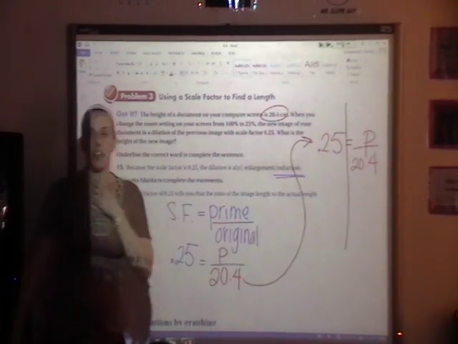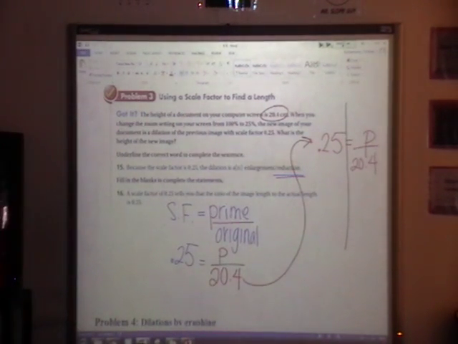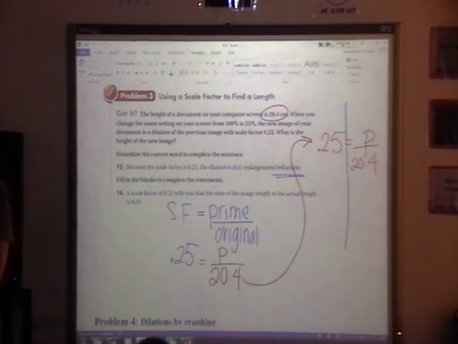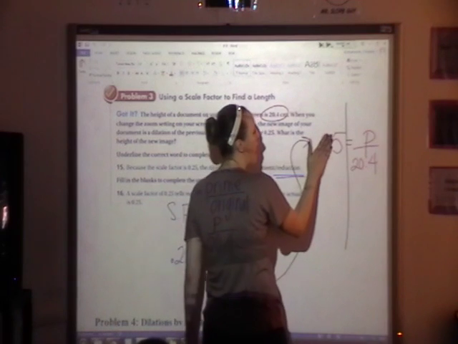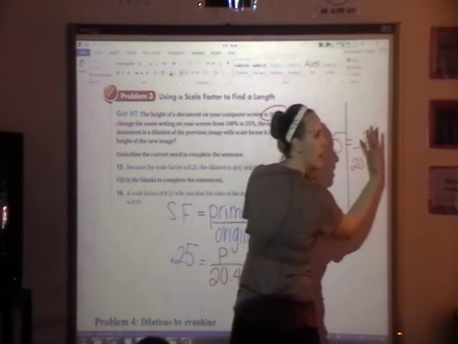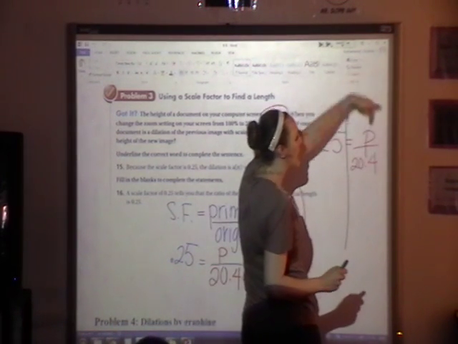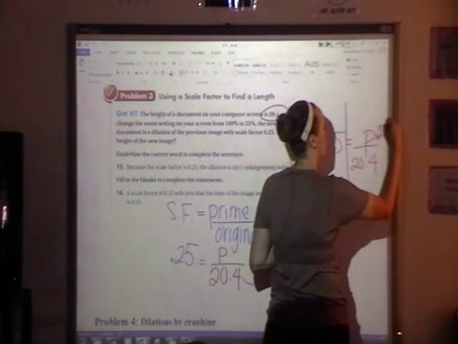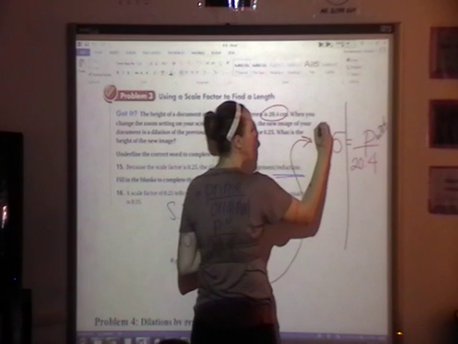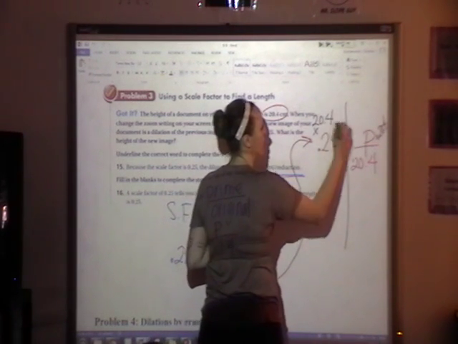I created the equation. How do I get P? How do I figure out my prime side? Multiply by 0.25? Why would I multiply by 0.25? Remember, he's already by himself. Multiply by 20.4. I want to get P by itself, so I'm going to multiply by 20.4. What I do to one side, I have to do to the other.